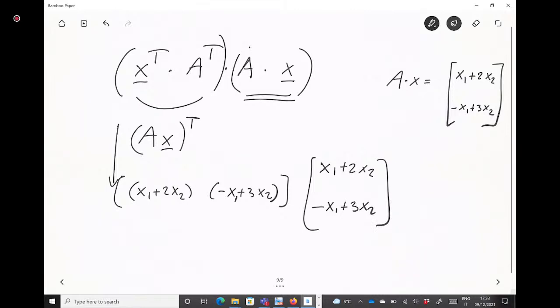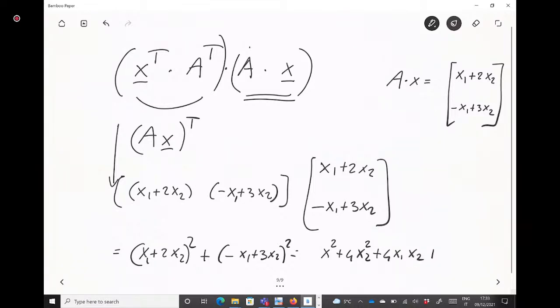What is the result? The result is x1 plus 2x2. This is a product of a row vector by a column vector. The result is a scalar, a 1 by 1 matrix. x1 plus 2x2 squared plus minus x1 plus 3x2 squared, equal to x1 squared plus 4 x2 squared. The mixed term is 4 x1 x2, plus x1 squared again.